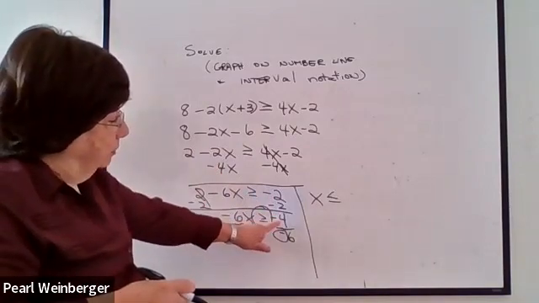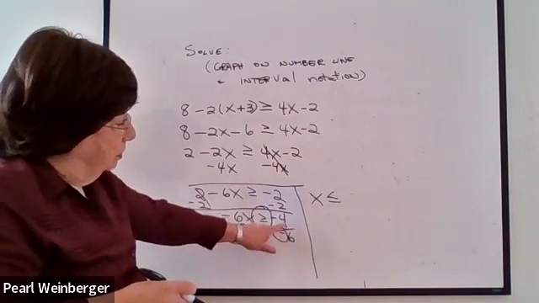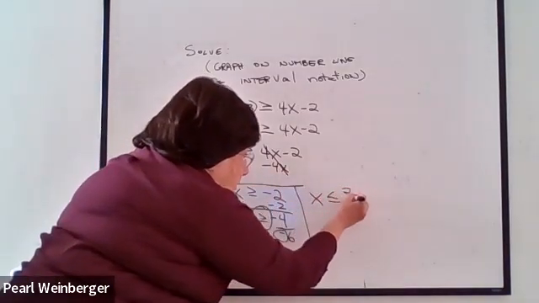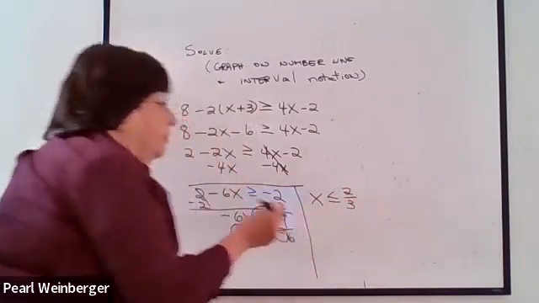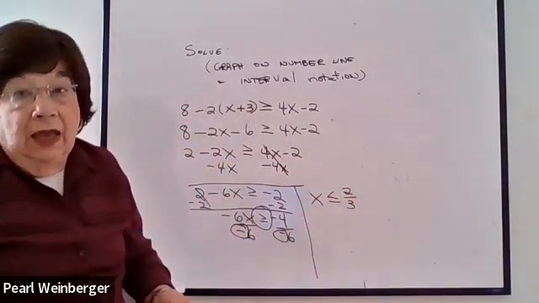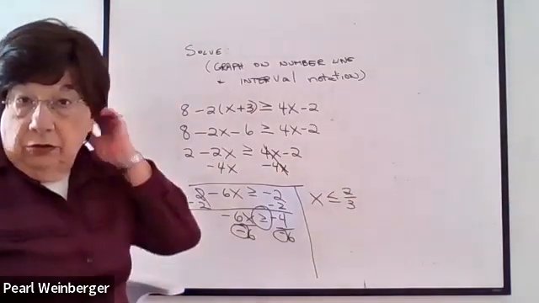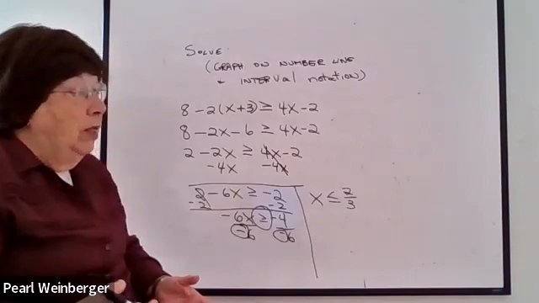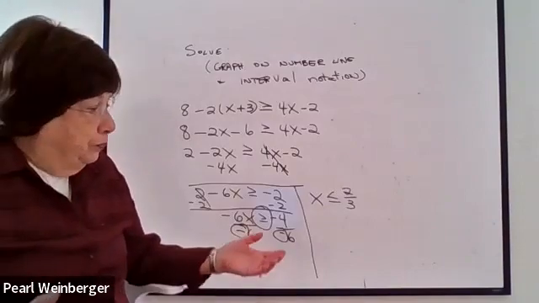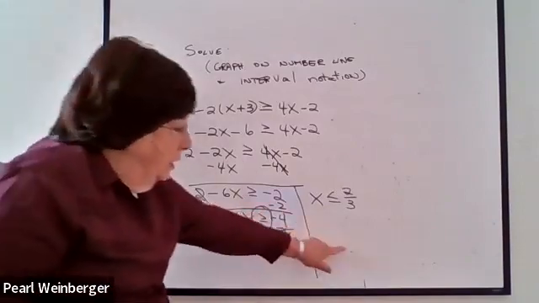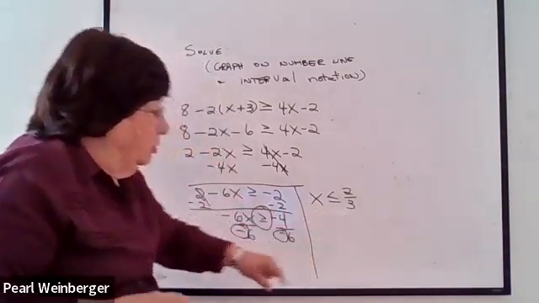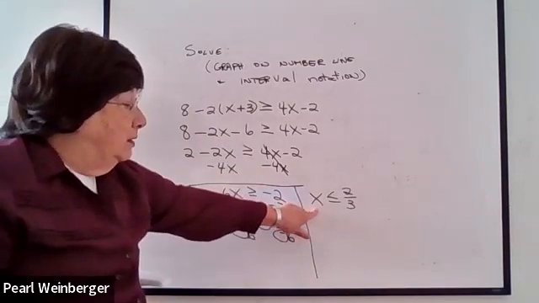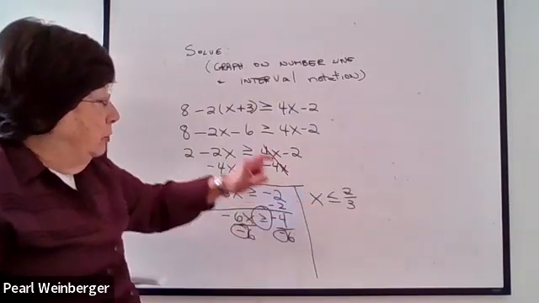So we're going to get a positive number, and I can reduce this 4/6, divide top and bottom by 2 and get 2/3. There, you can get fractional answers. You can have fractions in your equations or inequalities, or you can get an answer with a fraction. This is the solution. X is less than or equal to 2/3.